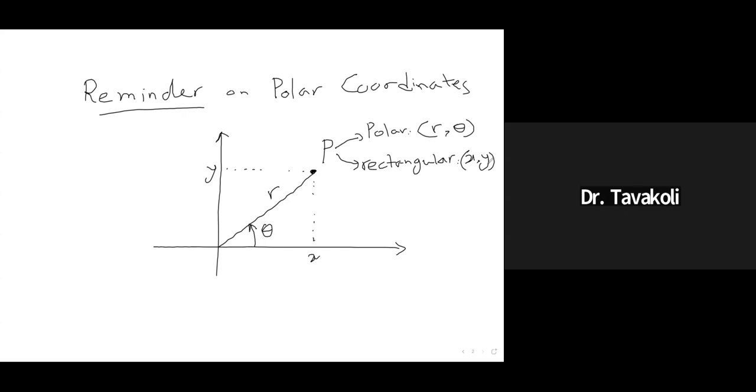In particular here, for this discussion, we would like to see what x and y are in terms of r and theta. Again, as a reminder, x is r cosine of theta, and y is r sine of theta.